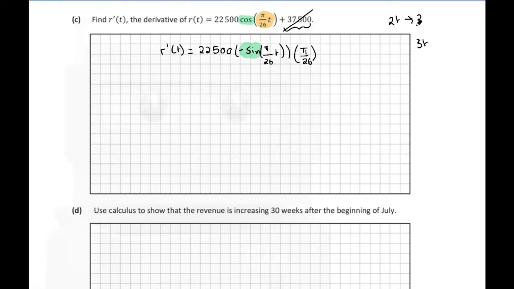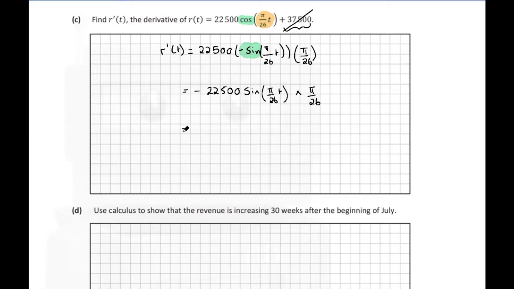So we're just using the fact that when you differentiate anything to the power of 1, so t to the power of 1 in this case, you just take the number in front of it, the coefficient there. So you've got pi over 26. And then I'm just going to multiply all of that out. So I'm going to have minus 22500 sine of pi over 26t. And that's all then multiplied by pi over 26.